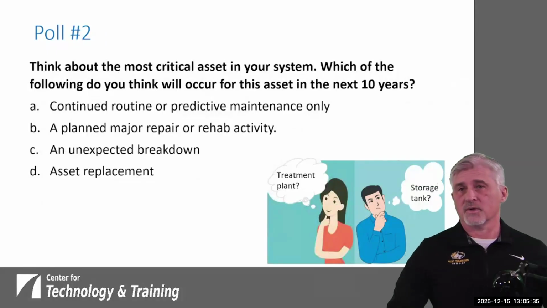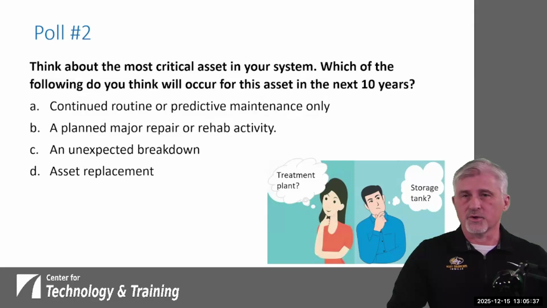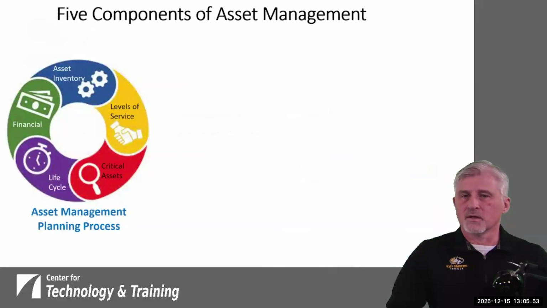And the right answer is whatever answer is right for you, because this is based off of what you think. All right, well, thank you for participating in that. We'll be taking a couple more slides and then we'll take a 10-minute break here.